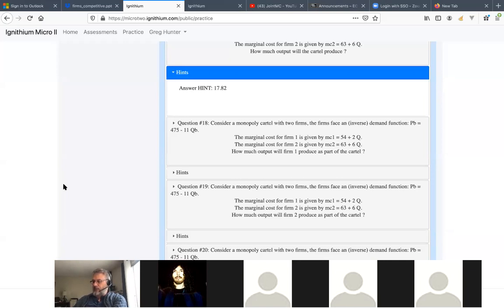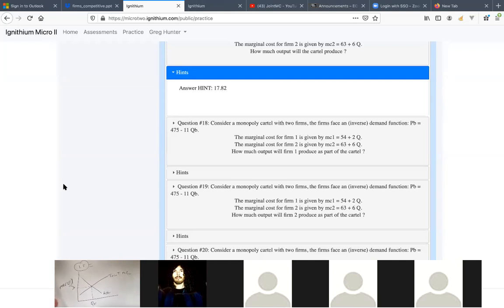And now we're finding the height, so marginal revenue at QT. Can you see my little picture?